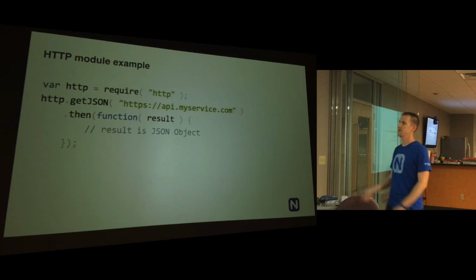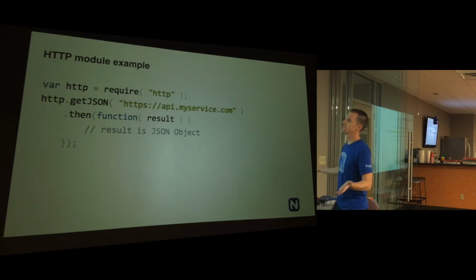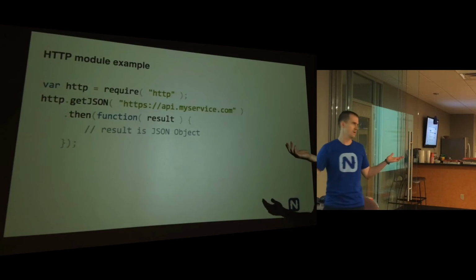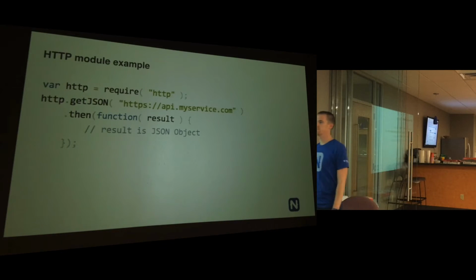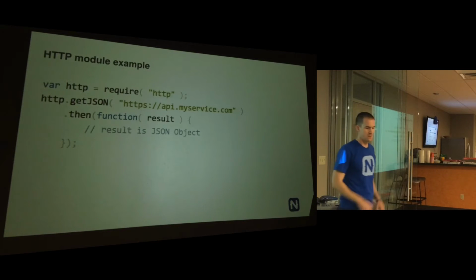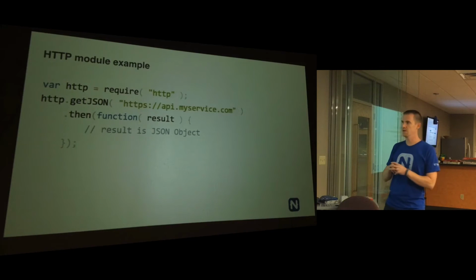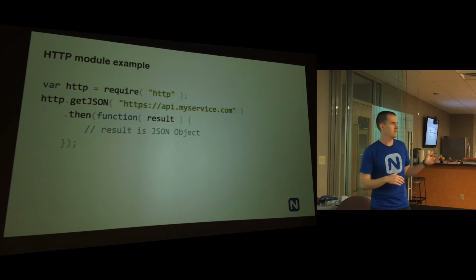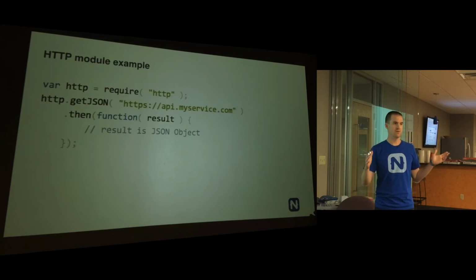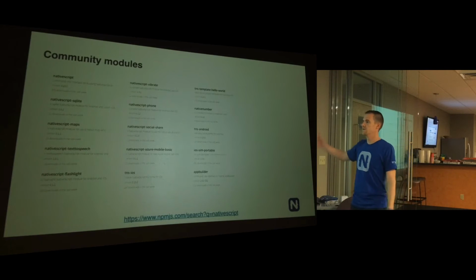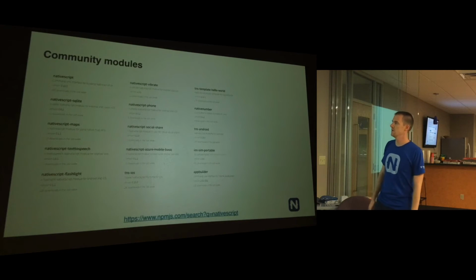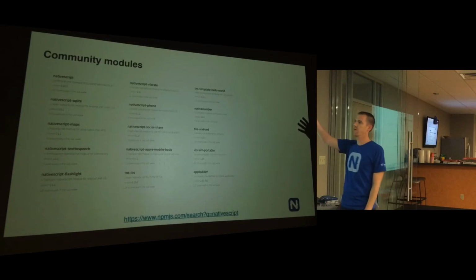Here's just another example, an HTTP module. So if you want to make a request to get some JSON from your service, you can do that. There's tons of modules out there. If you go to the Git repo, you'll see a lot of modules that people have already created. So you can create your own if you want. Here's an example. It's probably really hard to see, but there's a lot of modules here.